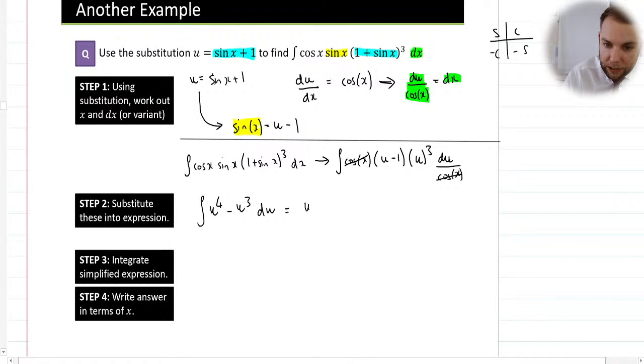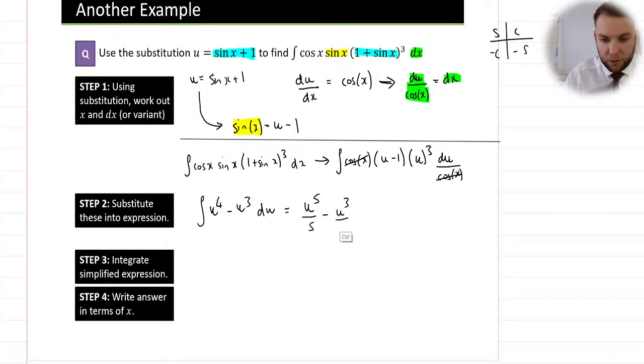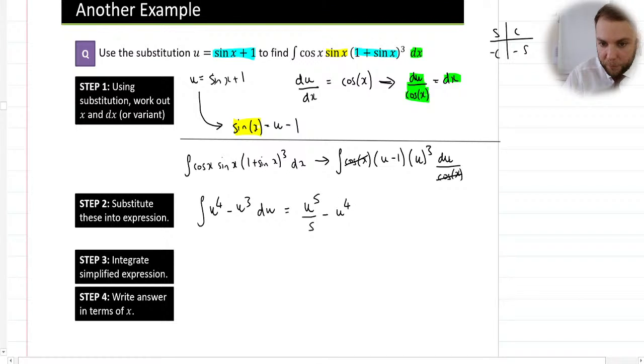So this is going to be u to the power of 5 over 5 minus u to the power of 4 over 4 plus c. Now remember, we know what u is. We know that u is equal to sine of x, so I can just replace this last thing of all.